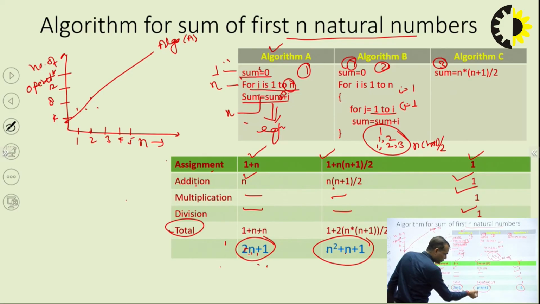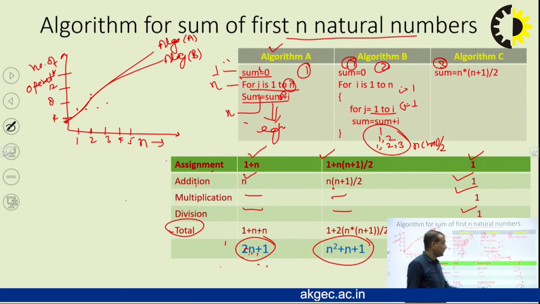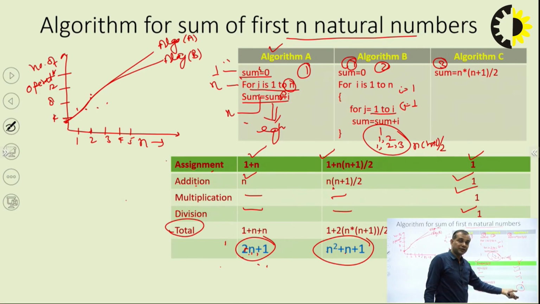Next we put n equal to 2, 2 into 2 is 4 plus 2 is 6 plus 1, that is 7, so this graph is here. So for algorithm B, the graph looks like this, that is algorithm B.